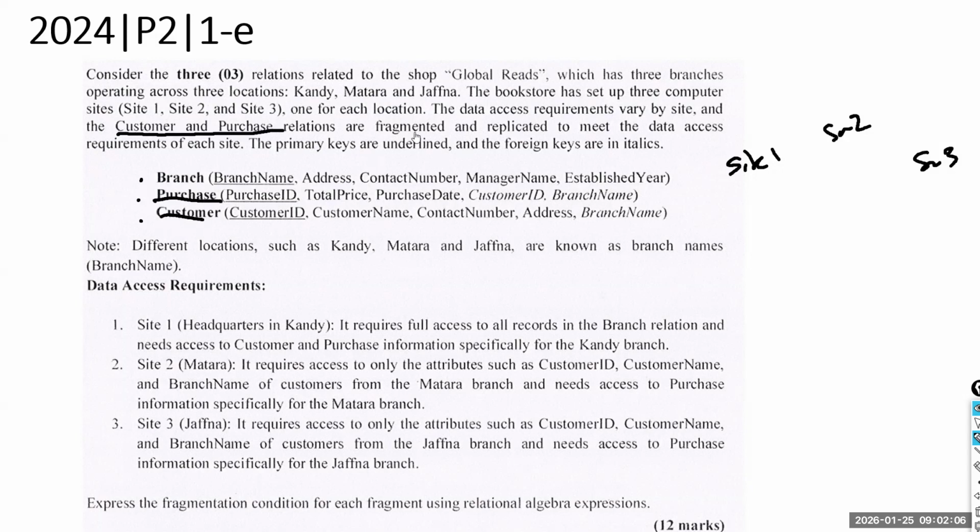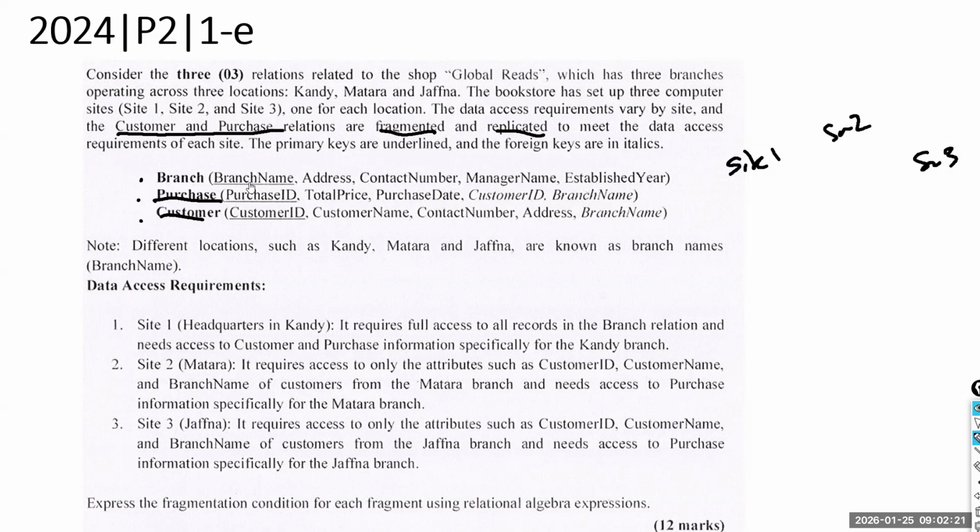They don't talk about branches, which are fragmented and replicated. The primary keys are underlined and the foreign keys are italicized.